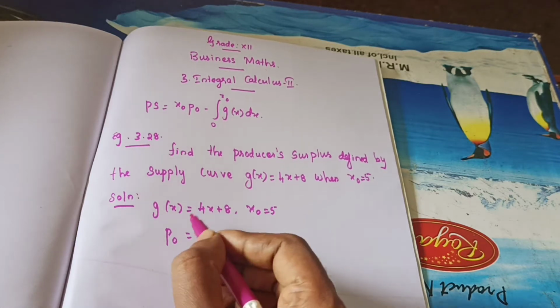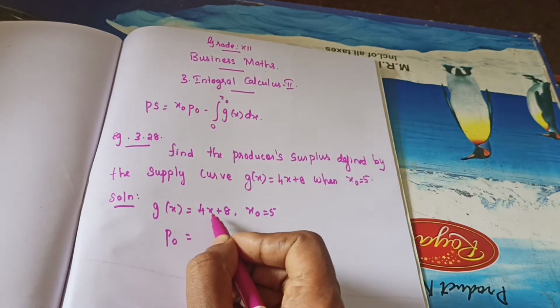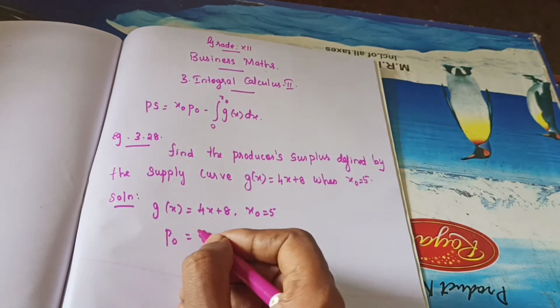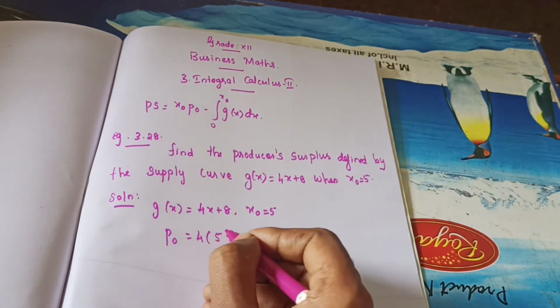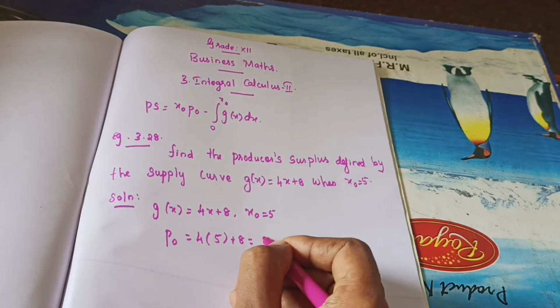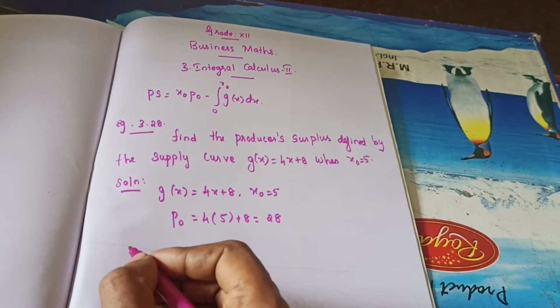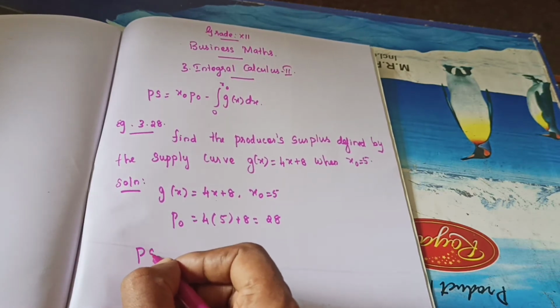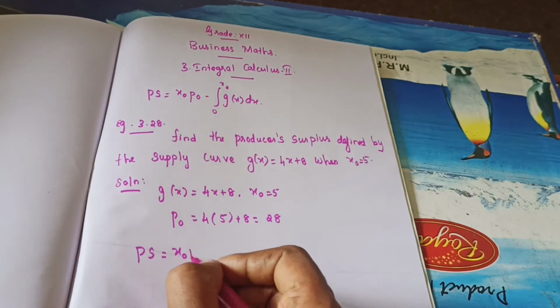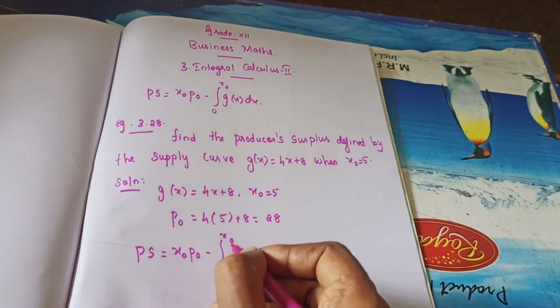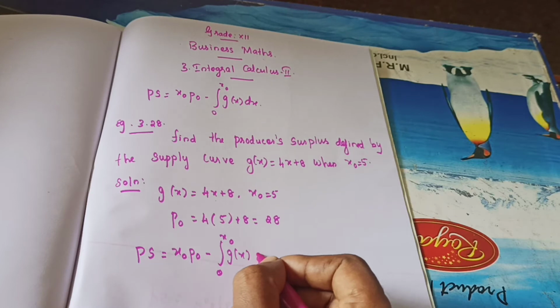So substituting x equal to x naught, that value 5, we will find P naught. Substitute 4 into 5 plus 8, so 28. Now you got the value of P naught also. The formula: PS equals x naught P naught minus the integral from 0 to x naught of G of x.